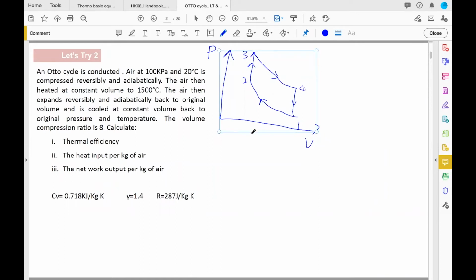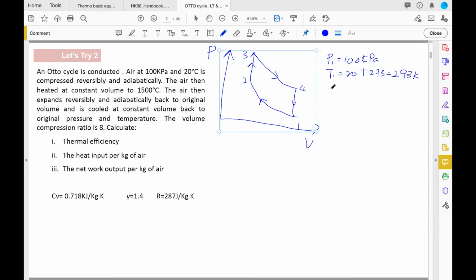So I know that P1 equals 100 kilopascal, T1 equals 20 Celsius plus 273. Change everything to SI unit.